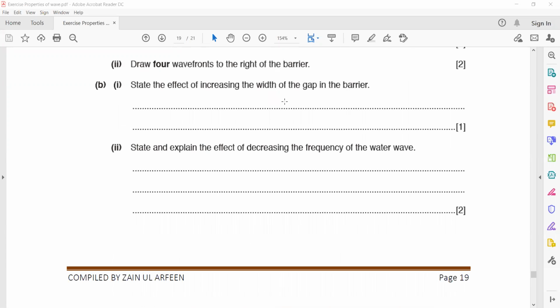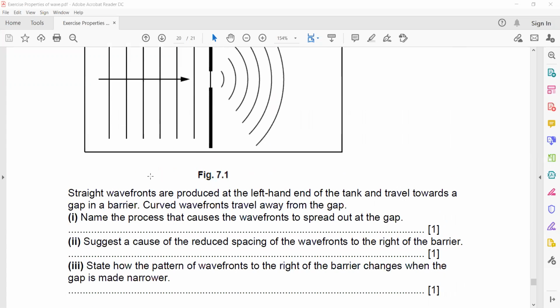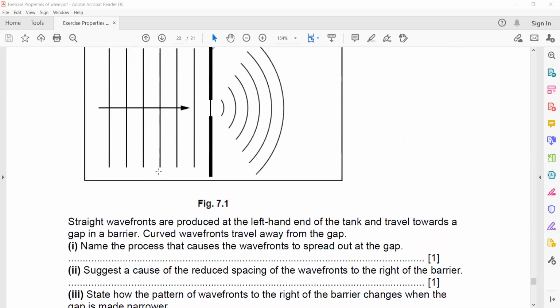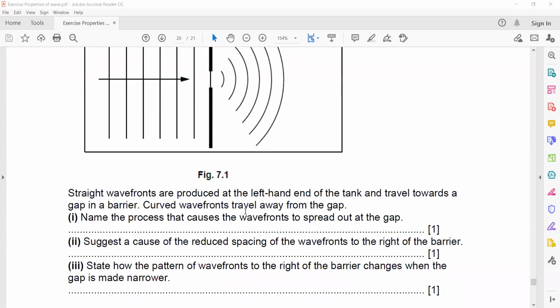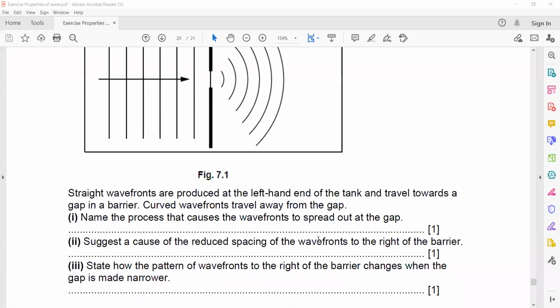And question 9A. Straight wavefronts are produced on the tank and travel towards the gap. The curved wavefronts travel away. Name the process. In the second part, suggest a cause of the reduced spacing.